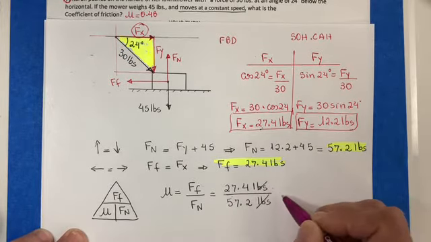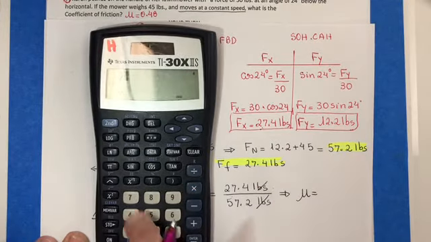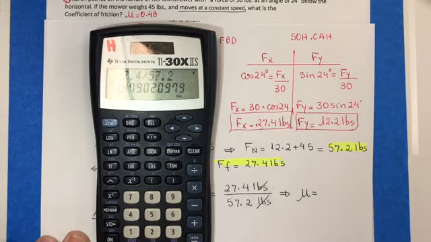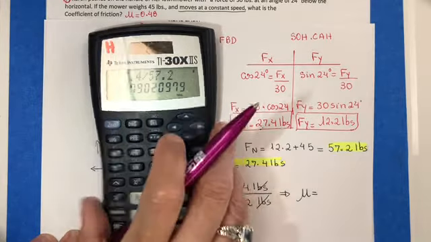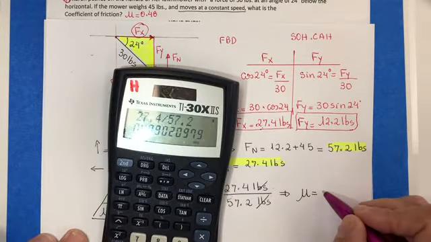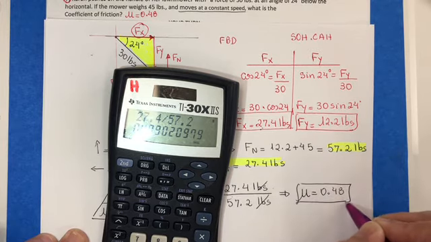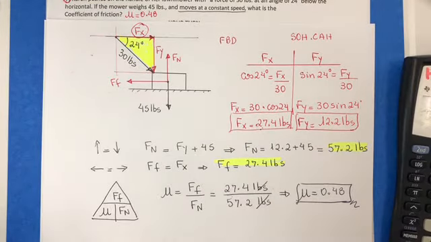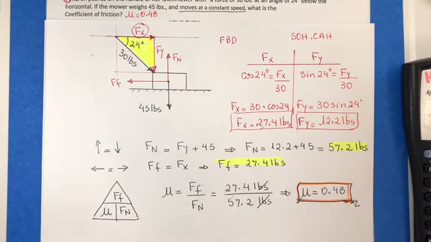You cancel those units and our mu is 27.4 divided by 57.2 is 0.479. So I can round to 0.48. And that's my final answer. That's the coefficient of friction.